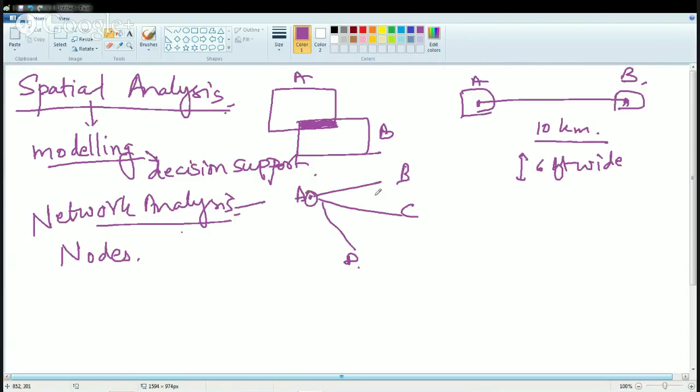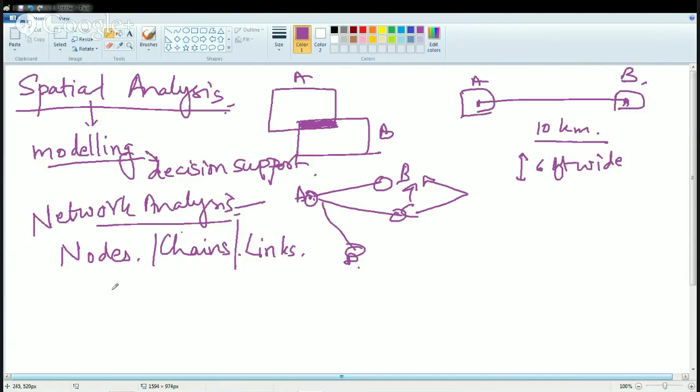For example, A is a node, B is a node, C is a node and D is a node. Then there can be chains. For example, A to B, A to C and A to D is a chain. And finally there are links, from A to C and C to B, for example. So that's a kind of linkage. These are the three concepts that we usually discuss in network analysis.